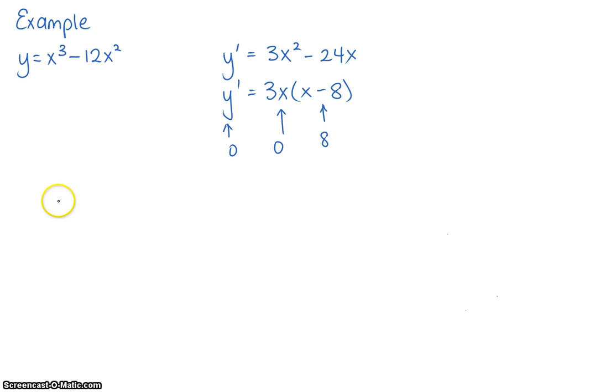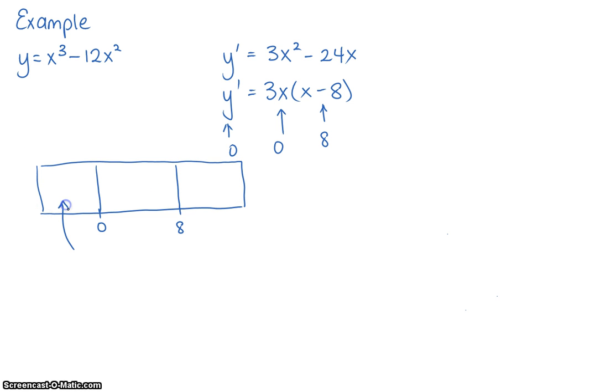So now we're going to look at it in terms of a number line. We have 0 as a critical point, and 8 is a critical point. We have intervals that lie in between each of these. Either it's going to be a minimum or a maximum at one of these two points. What we need to look at now is the signs.